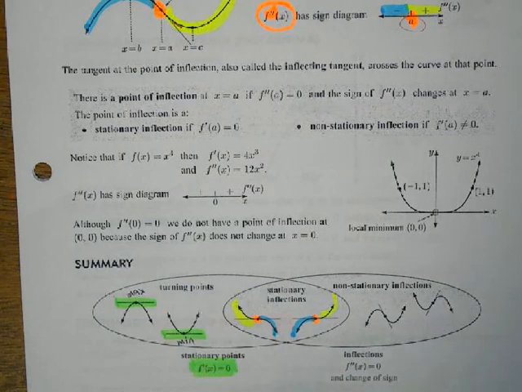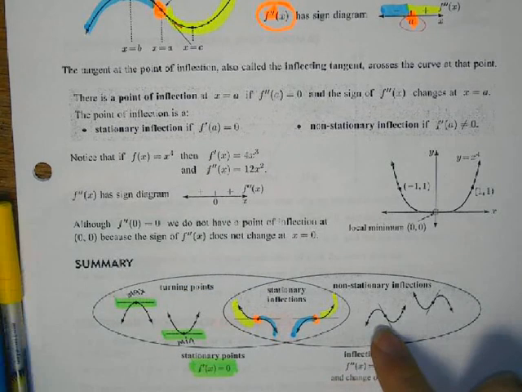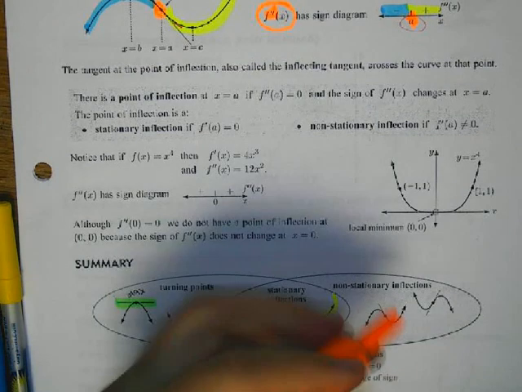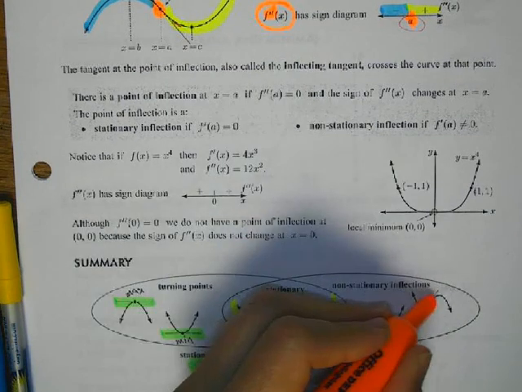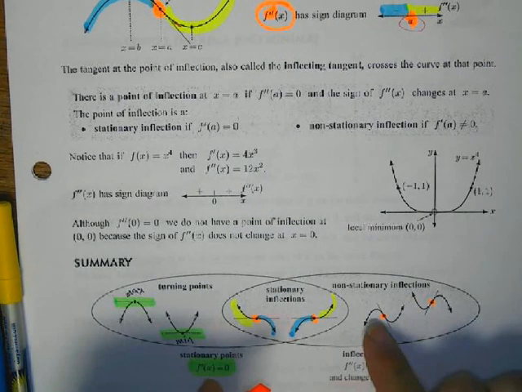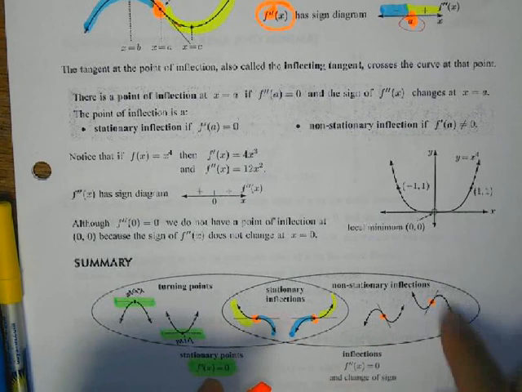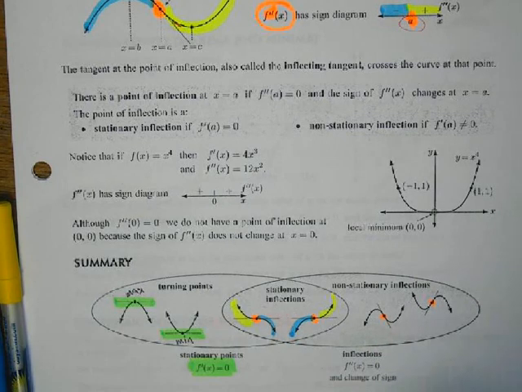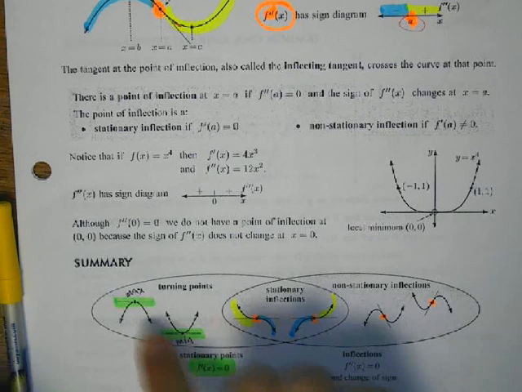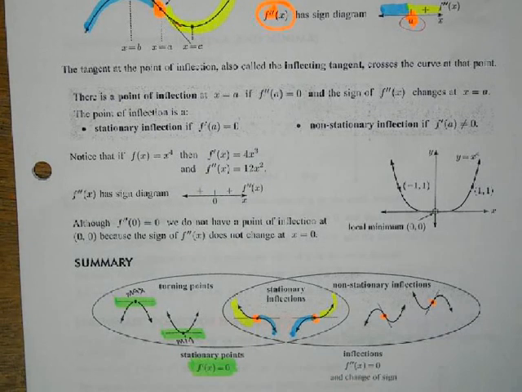And we have non-stationary inflection points, which also switch from concave down to concave up, or concave up to concave down. And all of these different things are affected by the first derivative and second derivative.